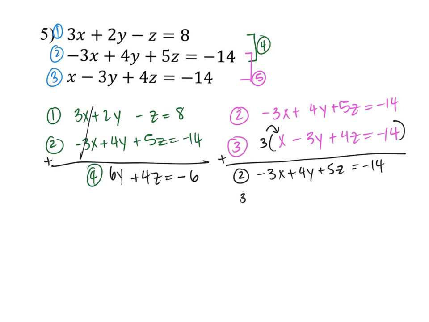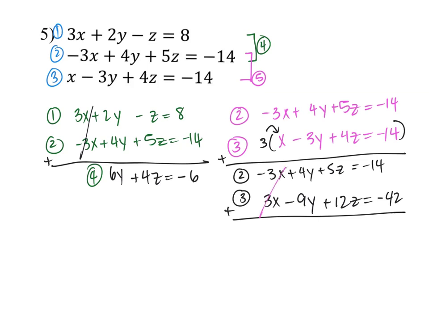So the third equation would be, if I multiply by 3, 3x minus 3 times 3 gives you 9y, plus 3 times 4 is 12z. 3 times negative 14, you might want to get out your calculator for this part, it's going to be negative 42. And so if I add up these here, the x's are going to cancel because I made them that way.